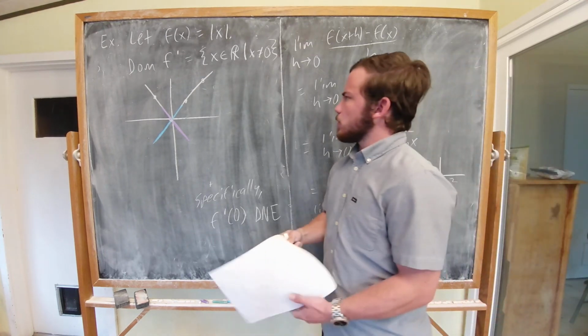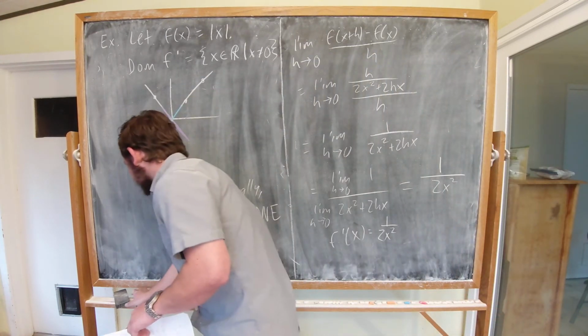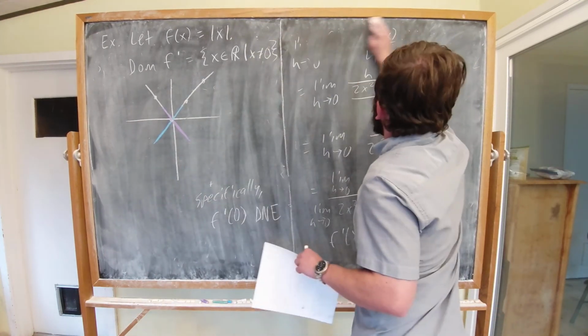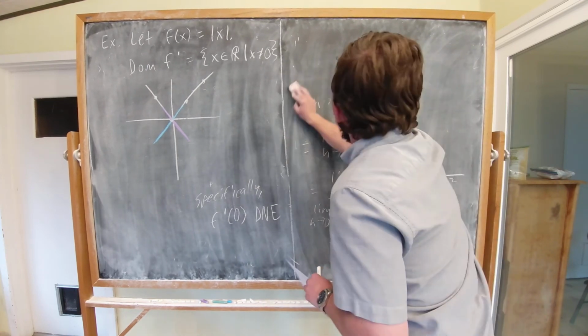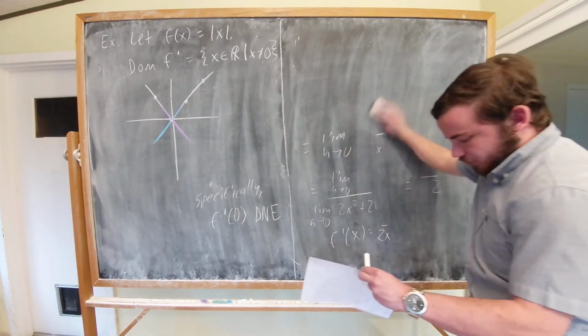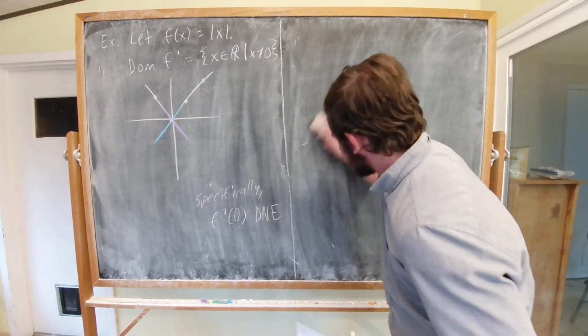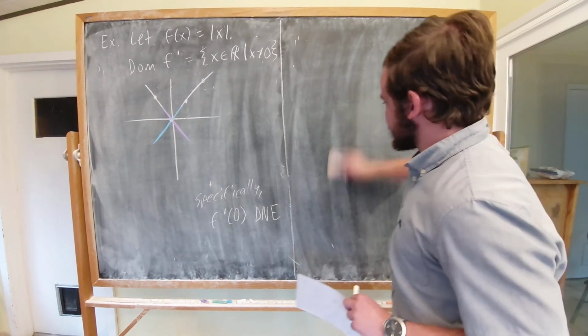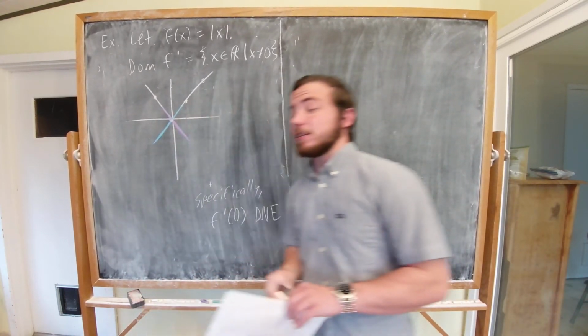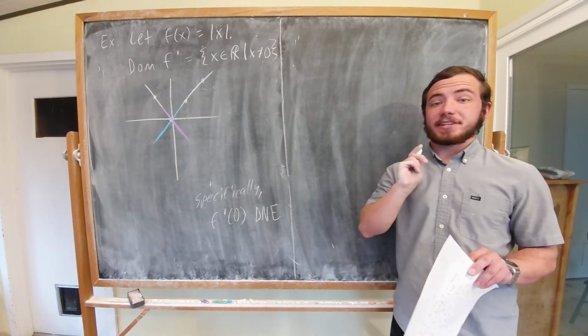All right, what are some other examples where the derivative doesn't exist? Let's draw some pictures to see. I'll be more specific. These are functions where the derivative doesn't exist at a single point.